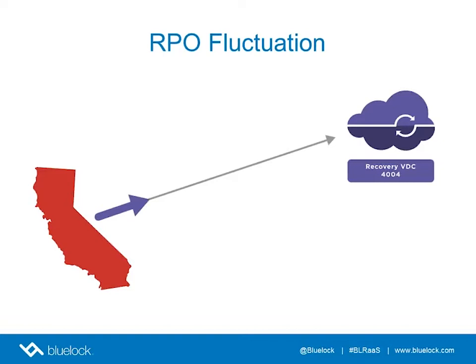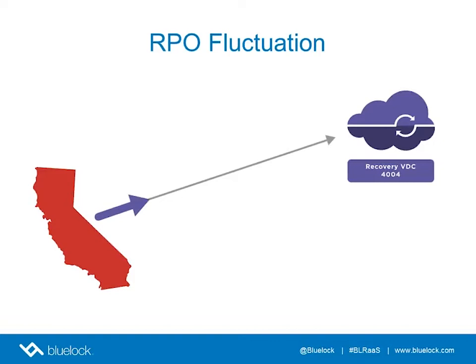The other thing that can get affected, other than the initial sync, by a congested network or too many changes in your environment based on what the network can handle, is your RPO. You saw that the recovery point objective, which measures the amount of data that would be lost if you had a failover during replication, is usually a handful of minutes if everything's working great, which is a super aggressive RPO.